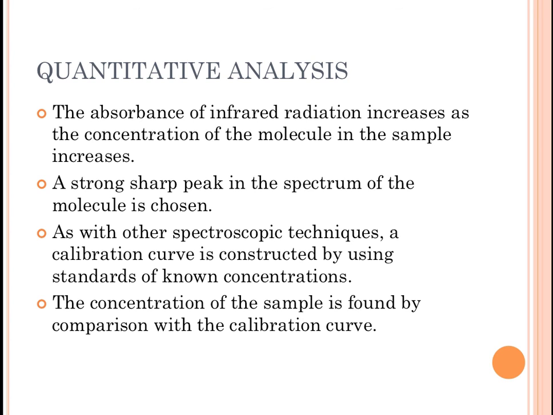So it might be useful if you're trying to compare something which has one OH group to something which has two. The one with the deeper OH alkanol peak is going to be the one which has the diol group, or two OH groups. You could also construct a calibration curve based on the depth of these peaks.